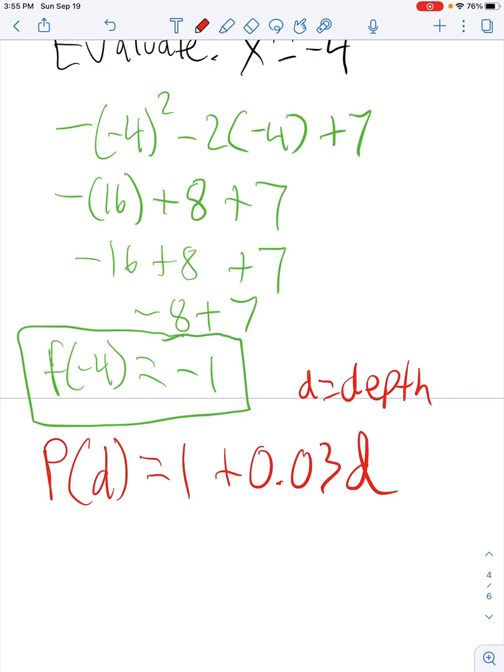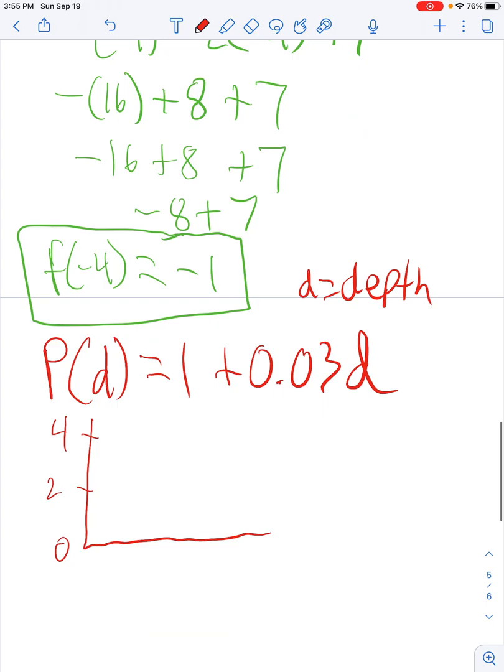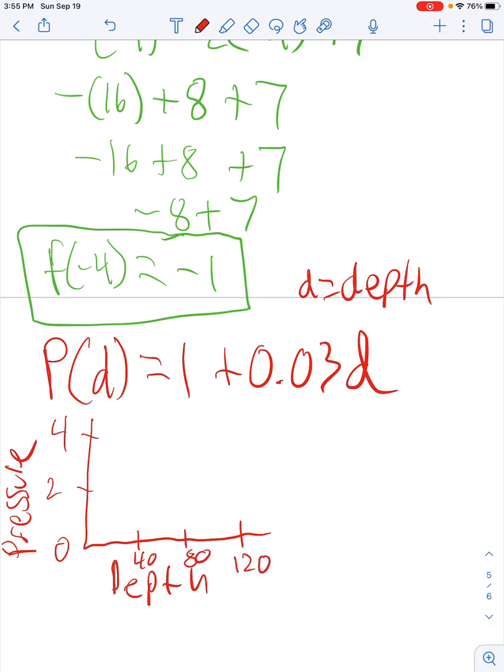So again, if I were to graph this, my graph would look something like this. Let's say we've got 0, 2, 4, and this is my pressure. And then this is my depth. I'm going to count by 40s: 40, 80, 120.